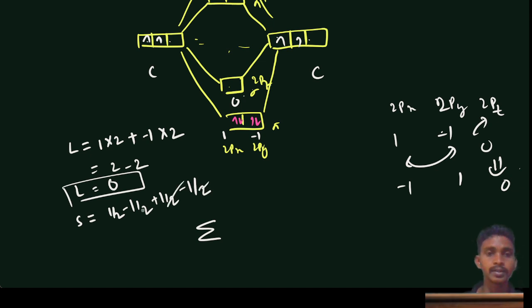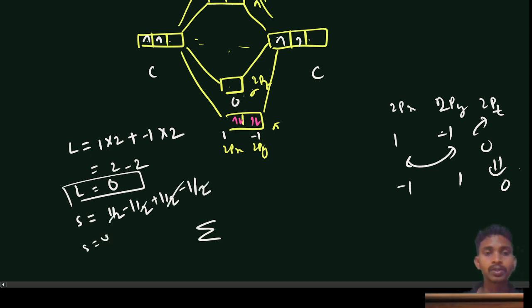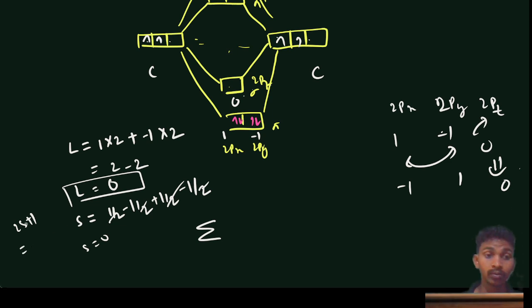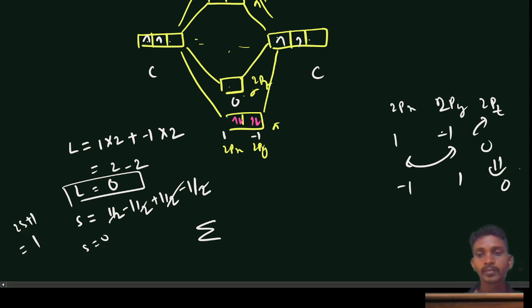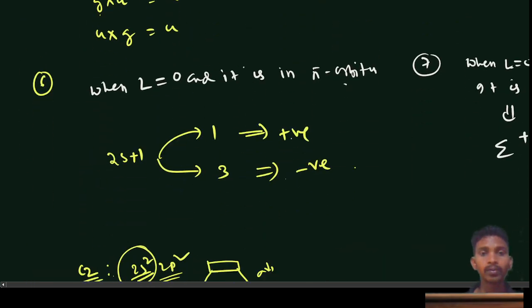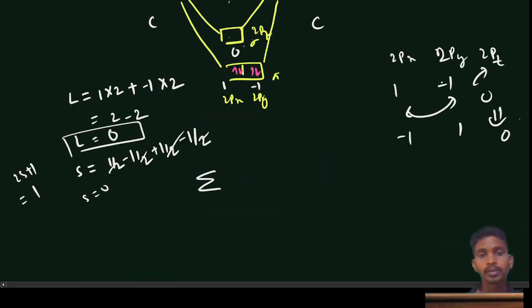So this cancels, this cancels, and the S value is 0. If the S value is 0, then 2S plus 1 is 0 plus 1, so 2S plus 1 value is 1. If 2S plus 1 is 1, then it is always positive, so this will become positive.